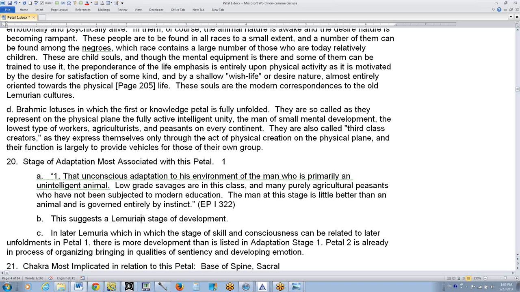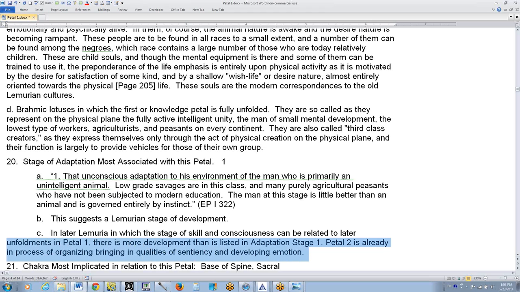In later Lemuria, in which the stage of skill and consciousness can be related to later unfoldments in Petal 1, there is more development than is listed in adaptation stage 1. Petal 2 is already in process of organizing and bringing in qualities of sentiency and developed emotion.